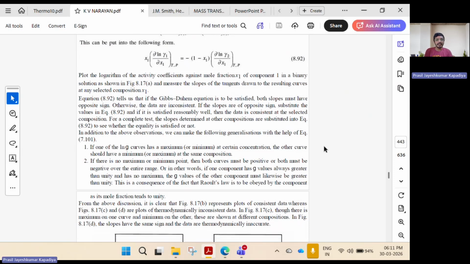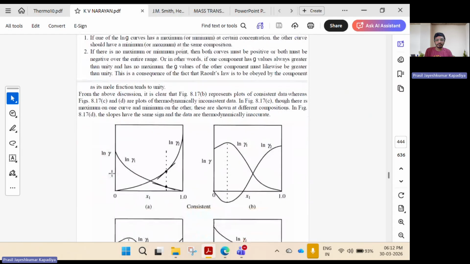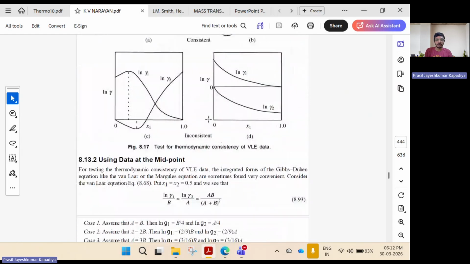If one of the ln gamma curves has a maximum at a certain concentration, then the other curve should have a minimum at the same composition. So this is what it was about, thermodynamic consistency using ln gamma 1 versus ln gamma 2.